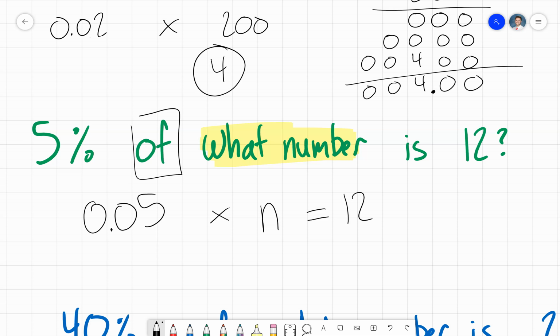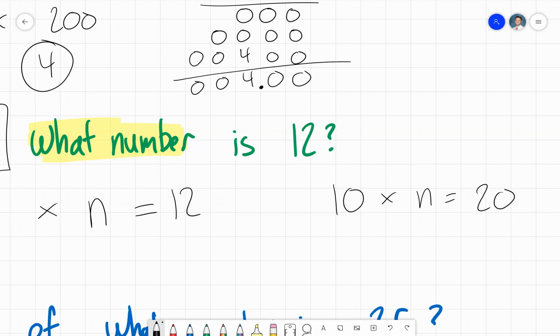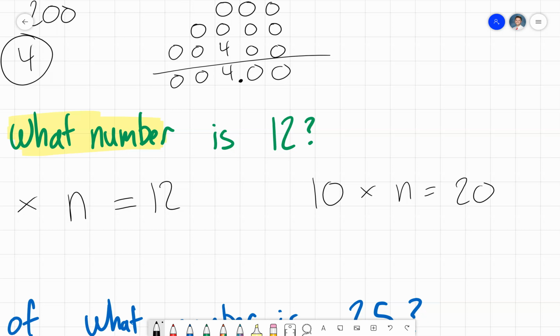Now, let's think about this. 0.05 times some number equals 12. Now, if we had a problem like this, 10 times some number equals 20, mentally, you know that that would be 2, right? 10 times 2 equals 20. Well, if we want to solve any problem like this, we can just use division. 10 times n equals 20, so we know that 20 divided by 10 will equal n.